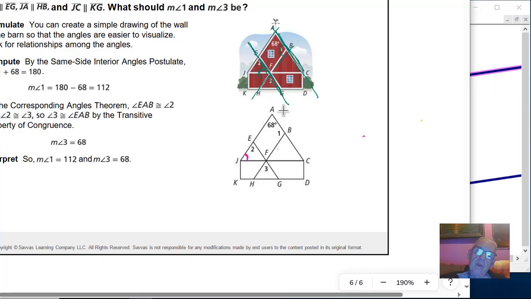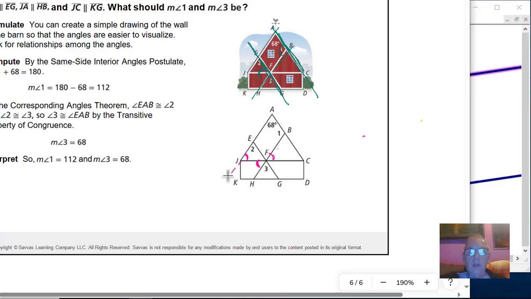Then we have parallel lines, with JC being the transversal. AJ and BH are parallel. JC is the transversal. That means that these angles are congruent because they're in corresponding position, which lets me say that this angle is congruent because it's a vertical angle.